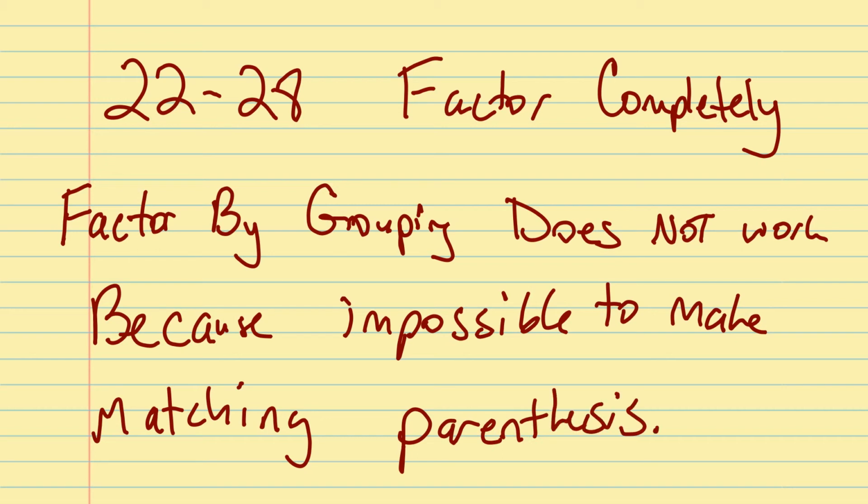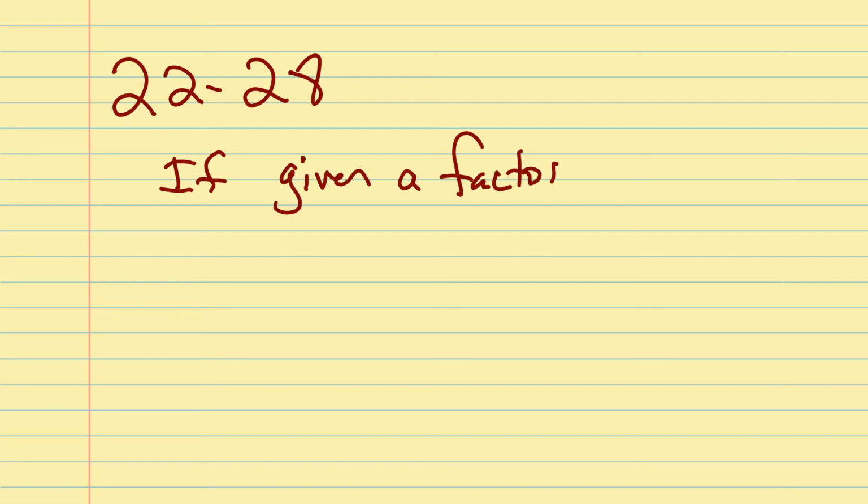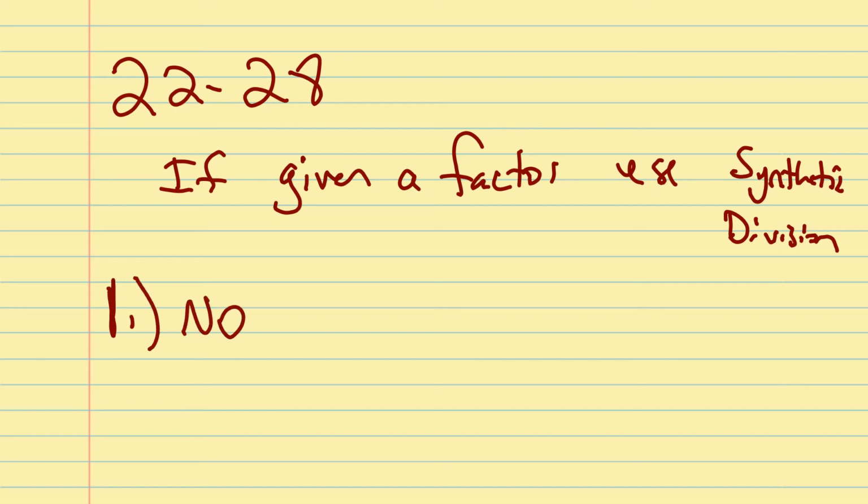All right. So what we're going to find out is that if they give you one factor, you can use synthetic division. So if given a factor, you use synthetic division. Good thing that's going to happen is, 1, no remainder.